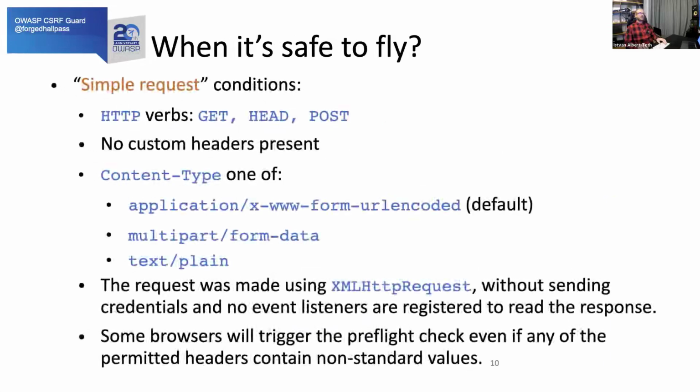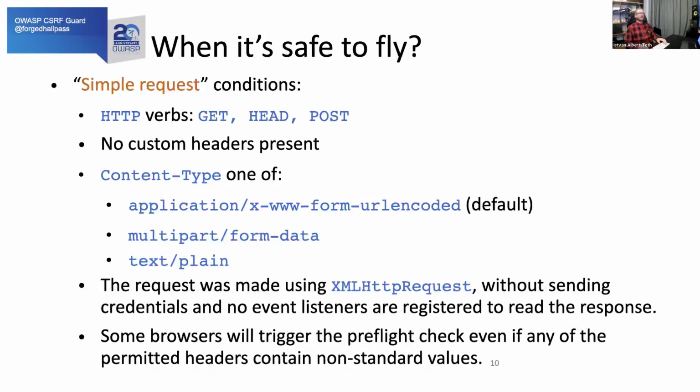So when it's considered to be safe, those are the simple requests, and the conditions for a simple request are that the HTTP verb must be one of those three: GET, HEAD, and POST. There shouldn't be any custom headers present. The content type of the request should be one of those three: URL encoded, form data, or plain text.